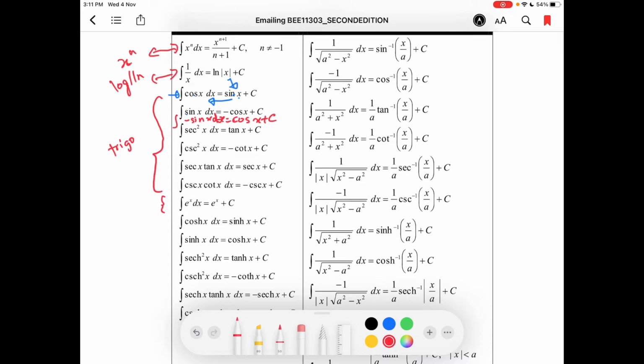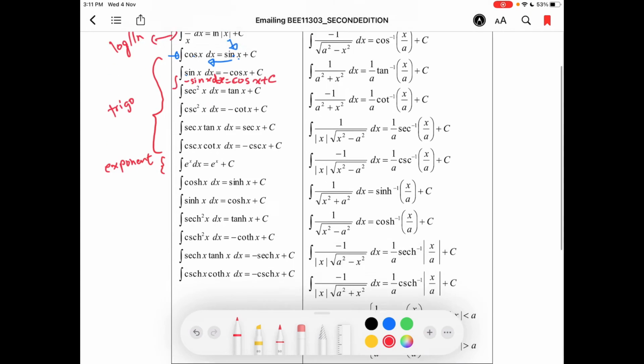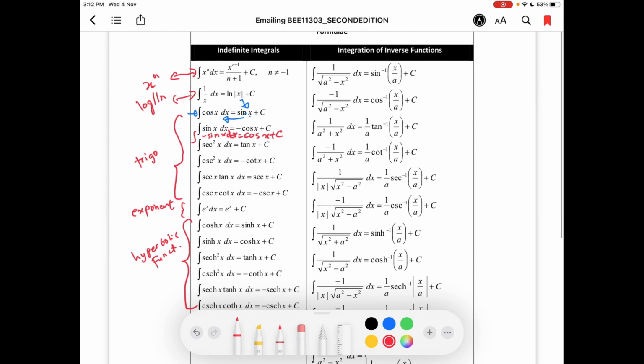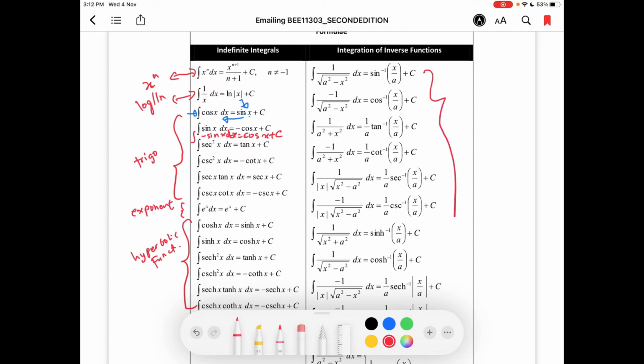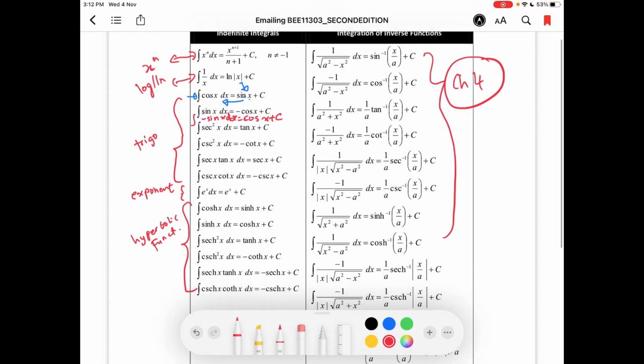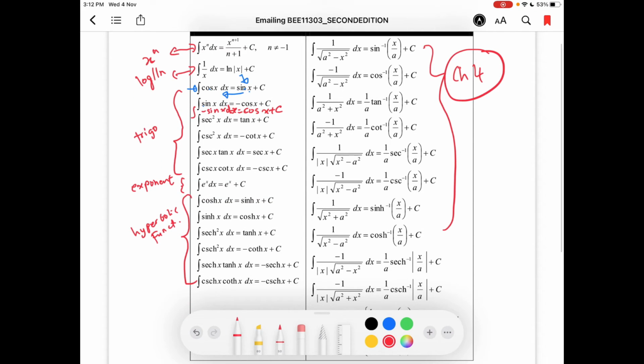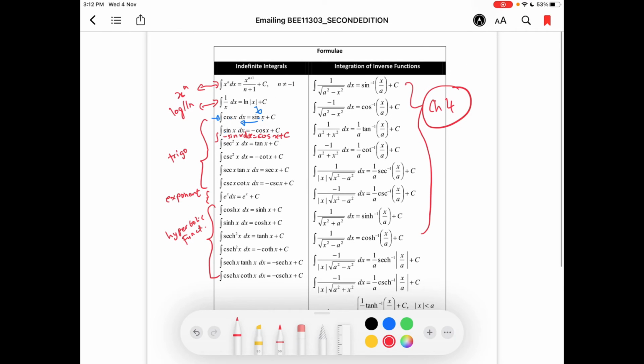Then we have the exponent function, and up to this is the hyperbolic functions. For the inverse functions, we will see this later in chapter 4. So don't worry, you don't have to memorize all these, we will assist you by giving you the formulas.